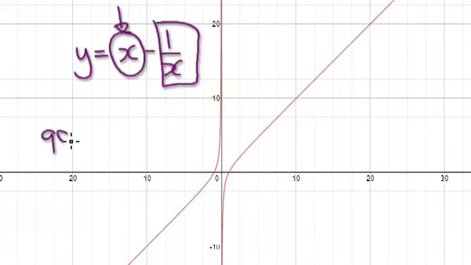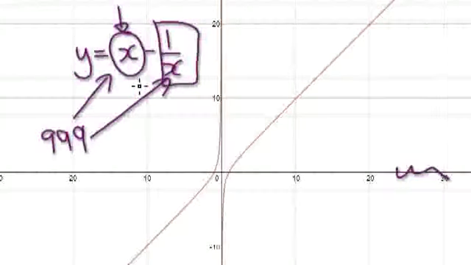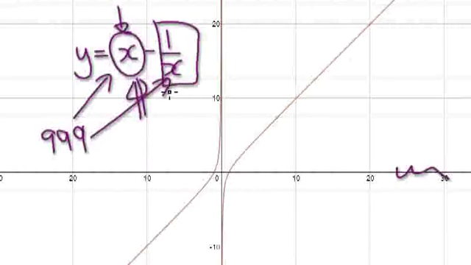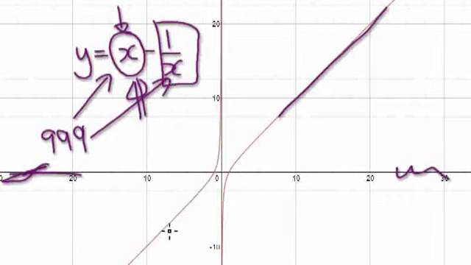So you can select, say, 9999, which is around here, and put it into here and into here. Well, this term here dominates when it's 9999. So when x is big, it wants to follow a straight line. And when x is negatively big, meaning in this direction, it wants to follow a straight line.